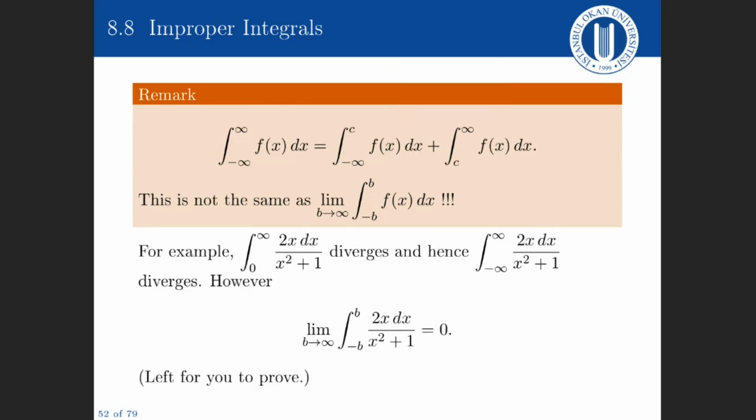But if we try to do it using the limit as b tends to infinity of the integral from minus b to b, we would get 0, which is not the same as divergence. So just be careful here. If you try to do it like this, you're going to get the wrong answer.